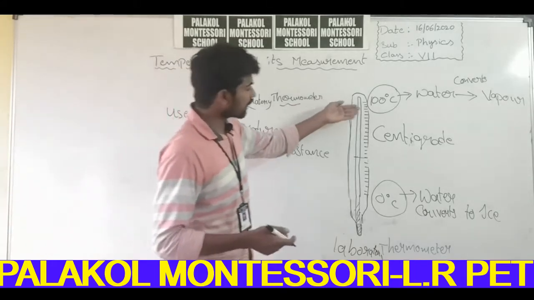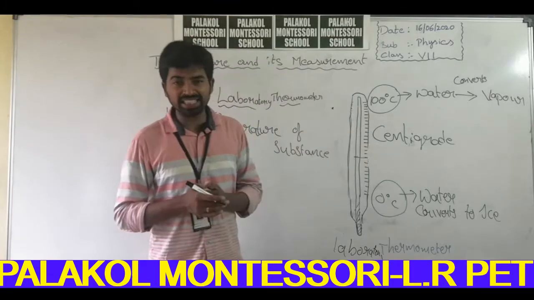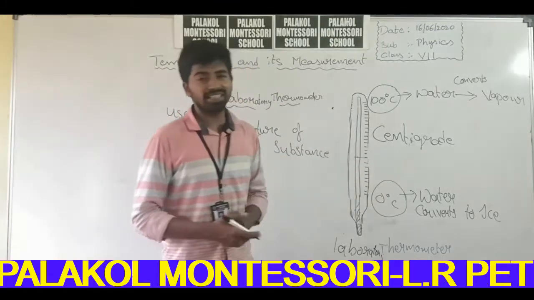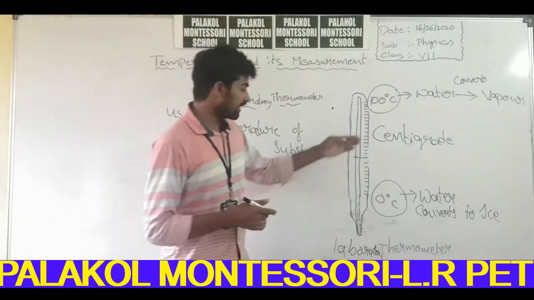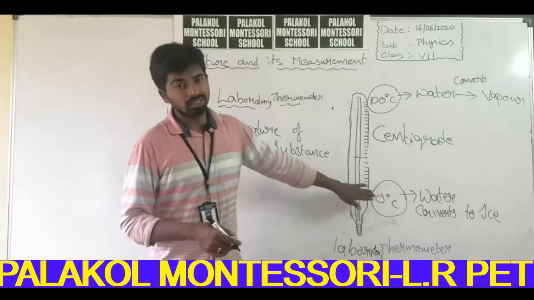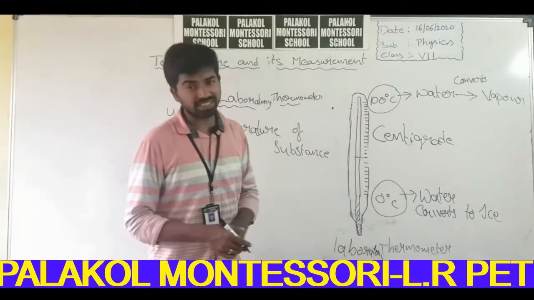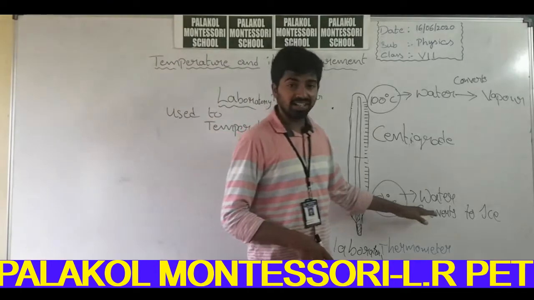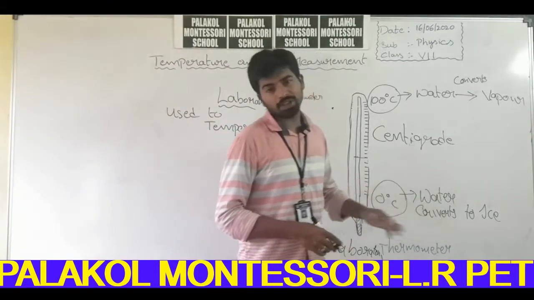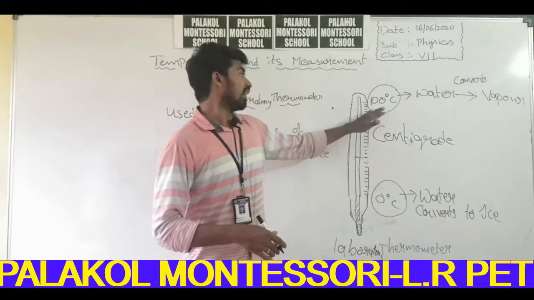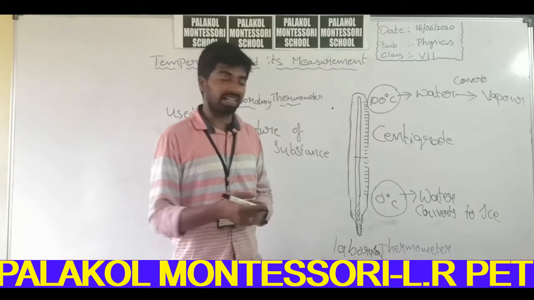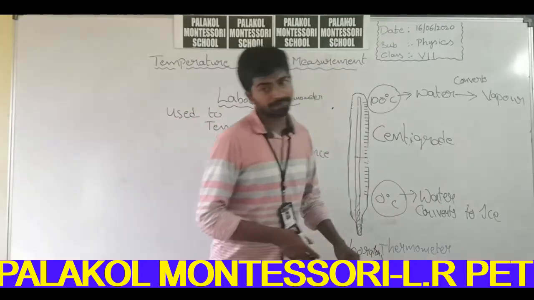It consists of only a single scale, the centigrade scale. The readings start from 0 degree centigrade to 100 degree centigrade. 0 degree centigrade is the temperature at which water converts into ice, and 100 degree centigrade is the temperature at which water converts into vapor.